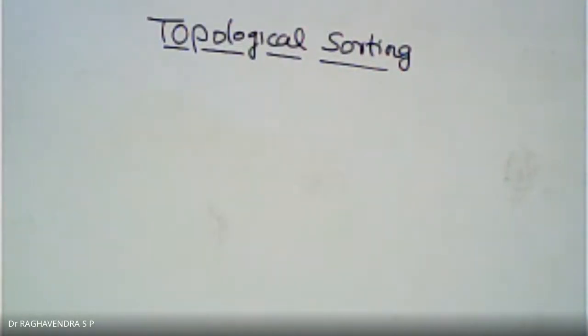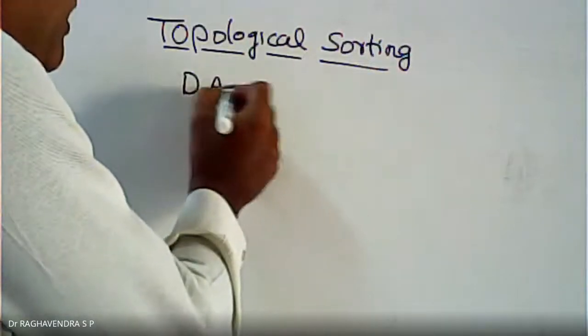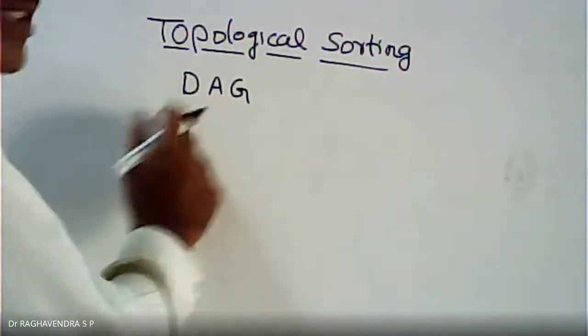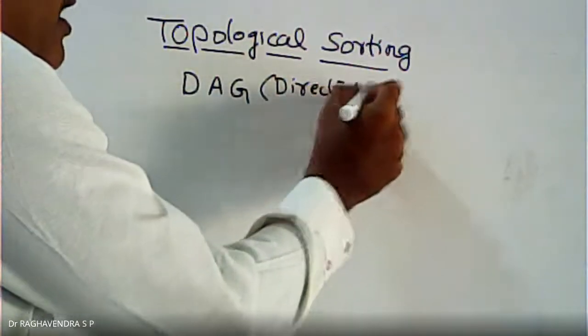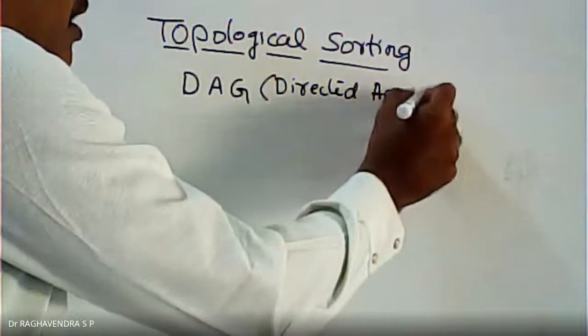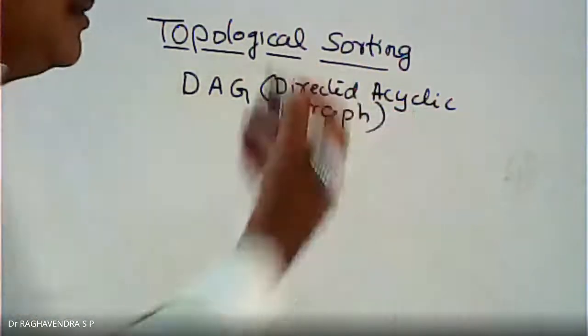The topological sort of a directed acyclic graph. We call it DAG, which stands for directed acyclic graph.